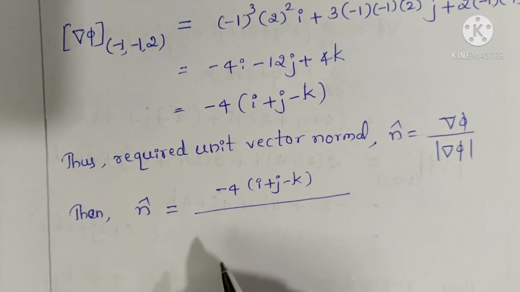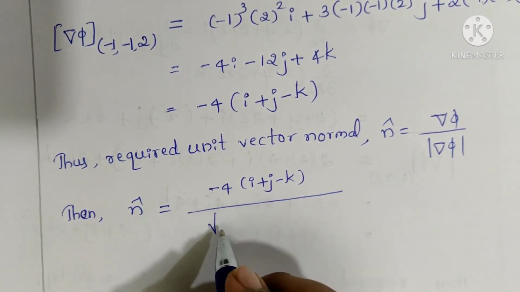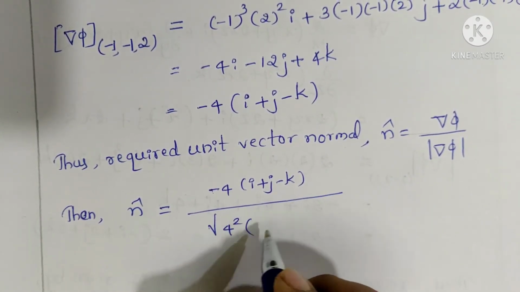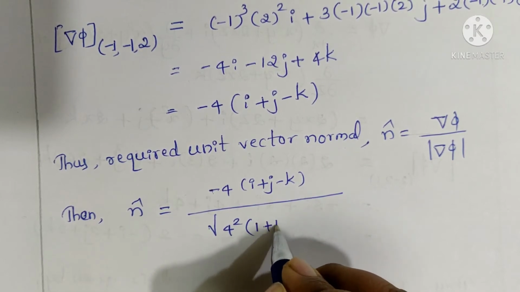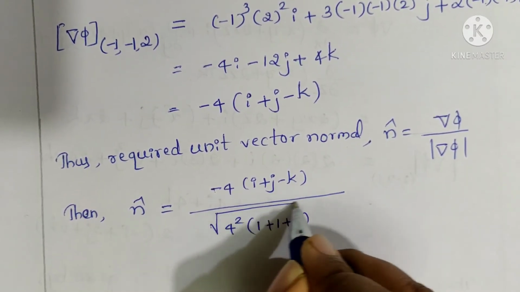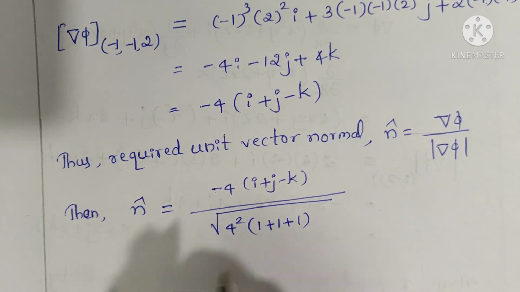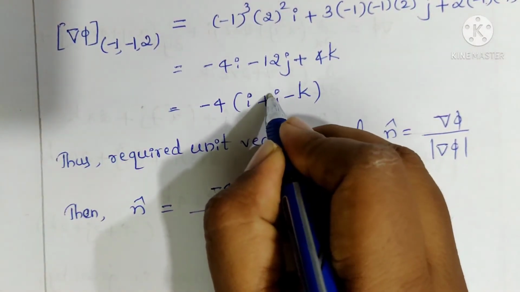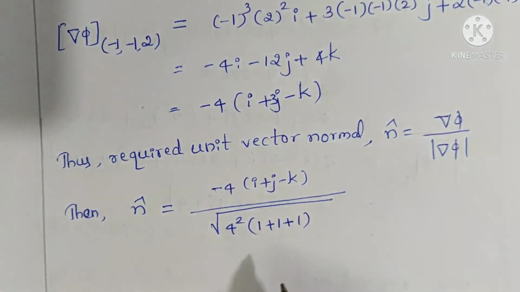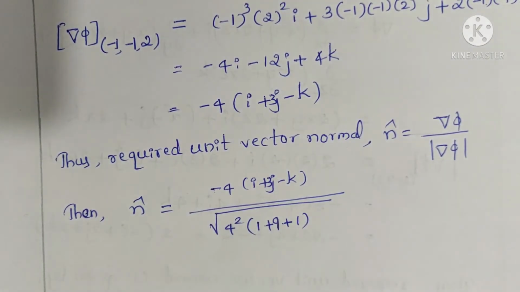So its magnitude is square root of 4 square into 1 square, 1, 1 square, 1, minus 1 square, again it is 1. Oh sorry, here it will be 3j. We have 12j, so it is 3j, so it is 9.